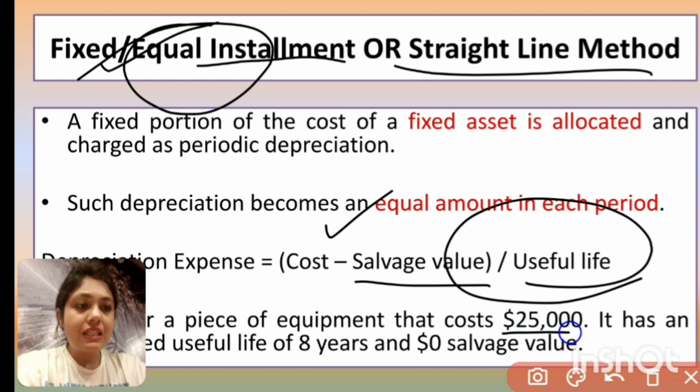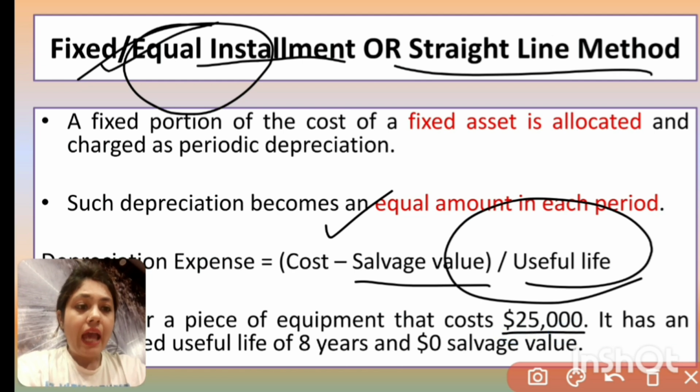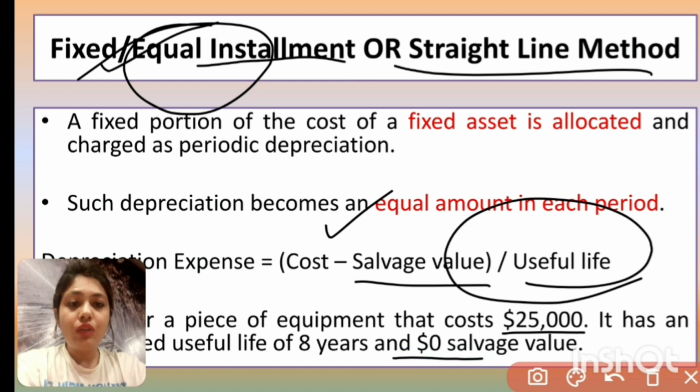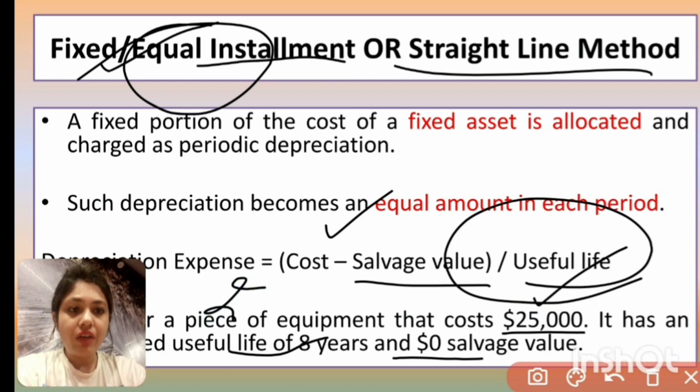You have an asset of say 25,000, and its salvage value is 0, and the useful life of the asset is 8 years. Now when we put this in the formula, we will calculate the depreciation. Cost over here is 25,000, minus salvage value.